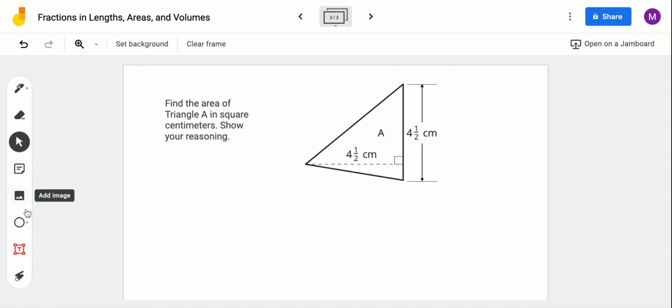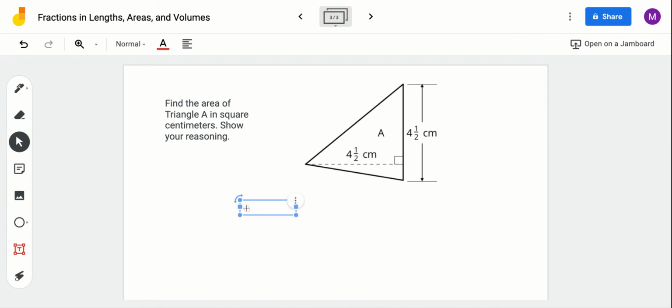Okay, so the area of a triangle is base times height divided by 2. Base and height are the measurements that form a right angle. The base measures one side, the height measures from the base on a perpendicular line that reaches the opposite vertex.